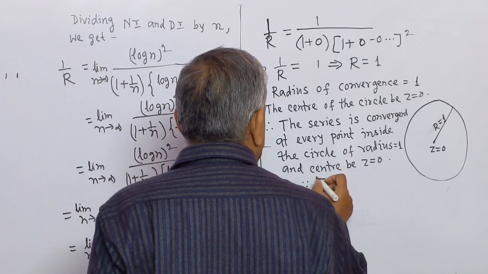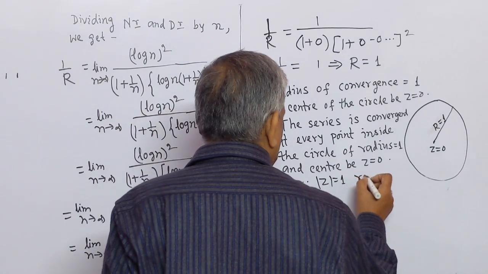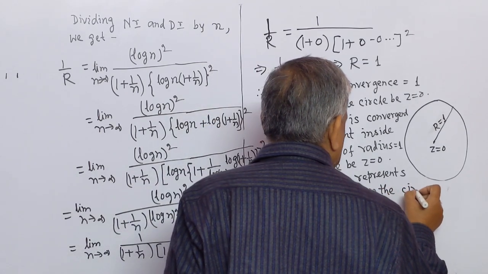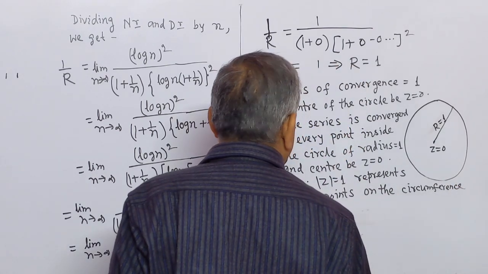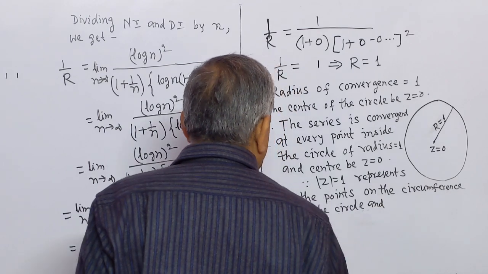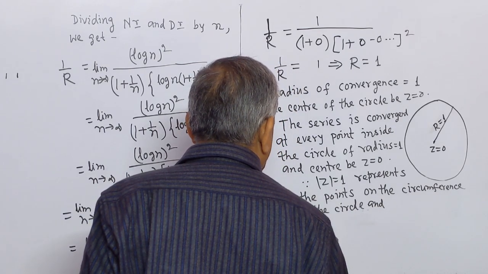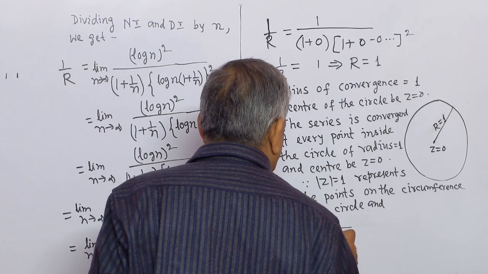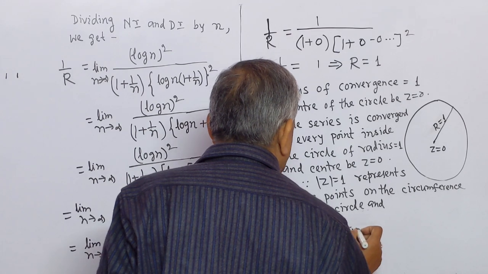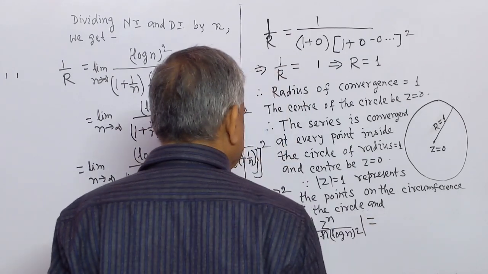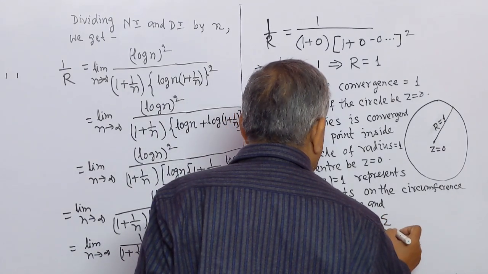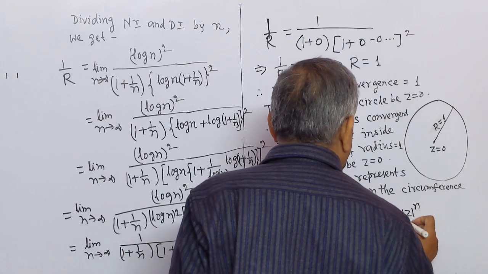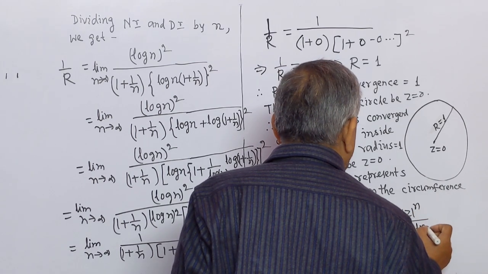Since mod z equal to 1 represents the points on the circumference of the circle, sigma n equal to 2 to infinity modulus of z to the power n by n (log n) whole square equal to sigma n equal to 2 to infinity modulus of z to the power n by n (log n) whole square.